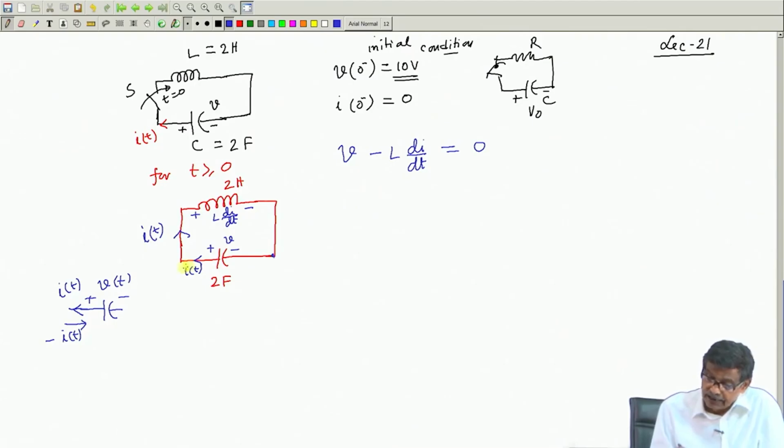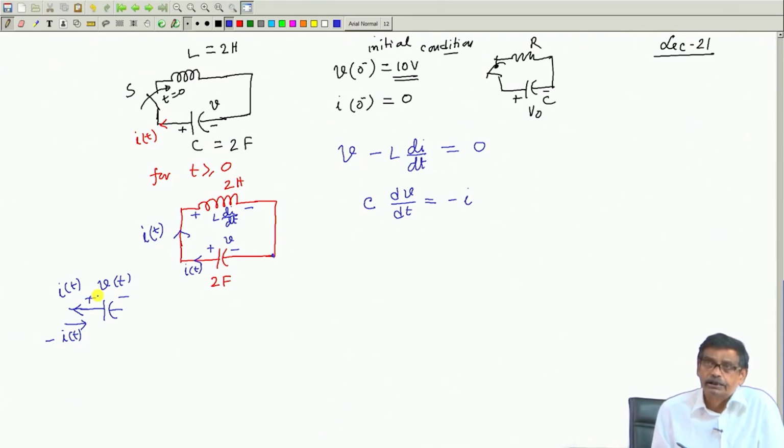Therefore, C dV/dt, then I should write it as minus I for this problem.